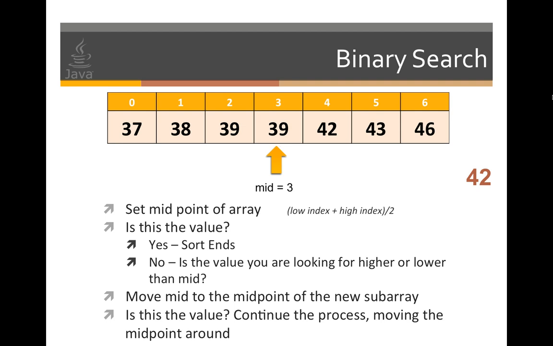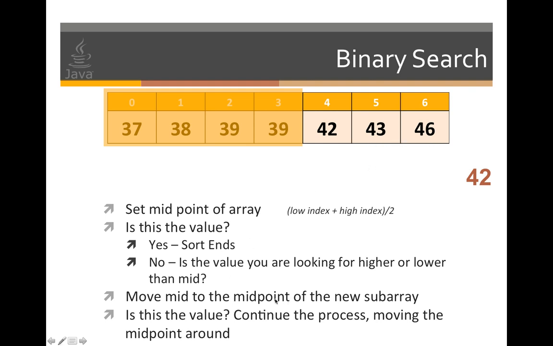So in this case, the 42 is higher than 39. There is no reason to look at the 39 or to the left of it, because we know it's not there. Now we ignore the shaded elements, and this is the new array that we have to search. We're only going to search these 3 elements.